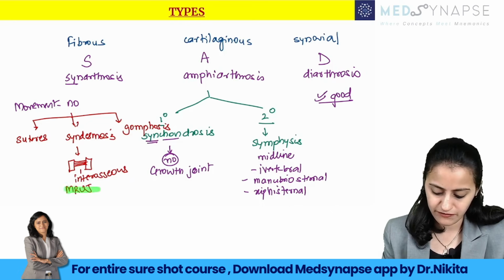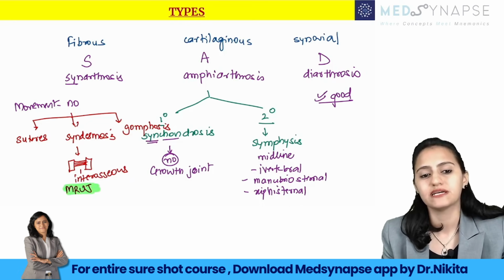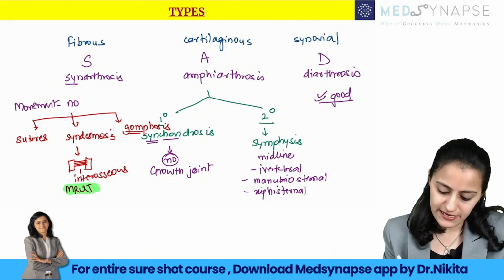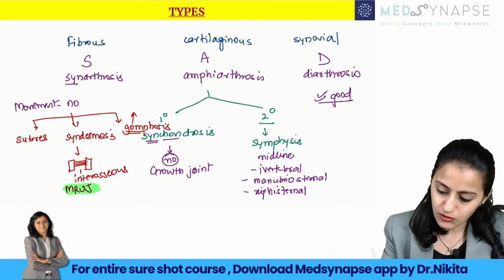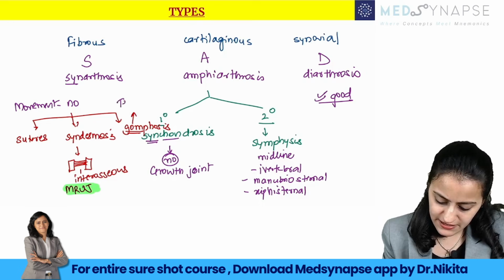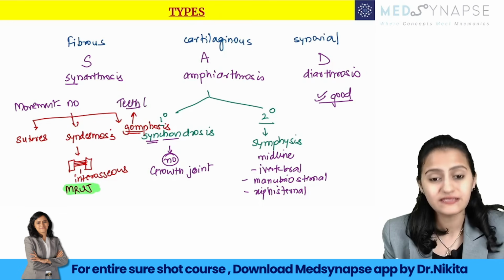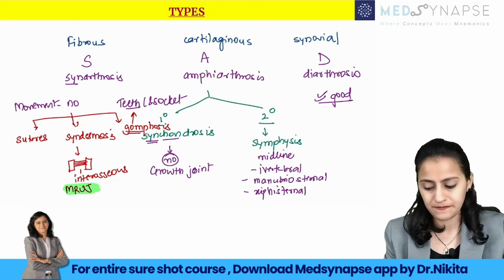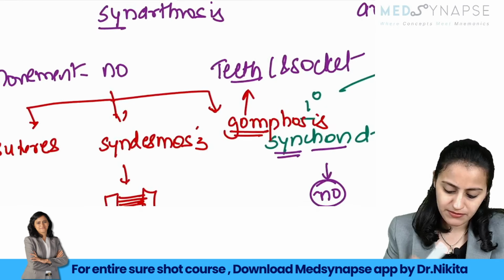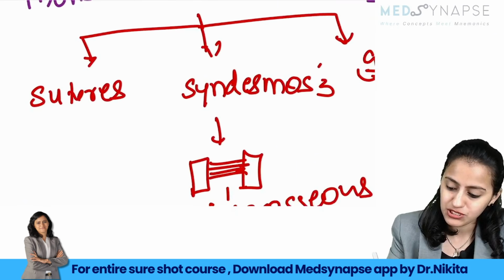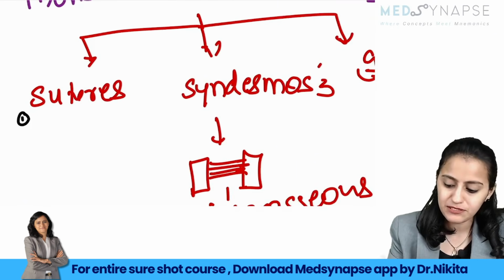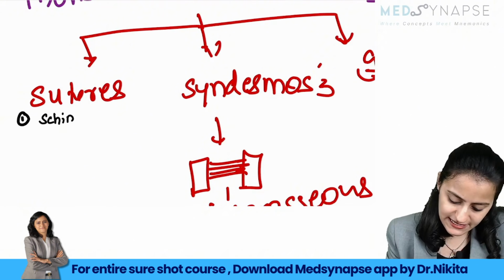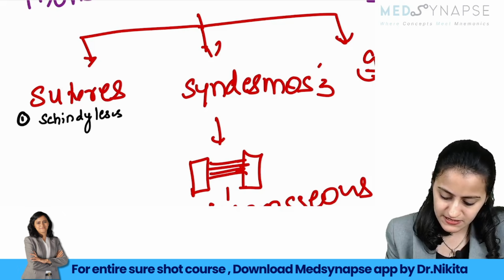This is one of the recently asked questions in the FMGE exam. Gomphosis, remember the gums, is related to the teeth. So gomphosis is basically the socket joint of the teeth. And in sutures, you should remember one exceptional, important example: Schindylesis.